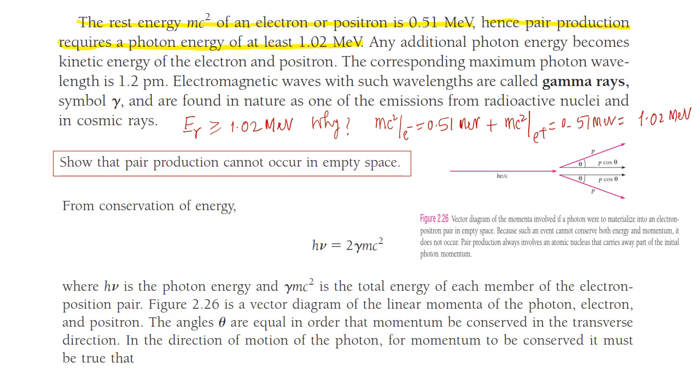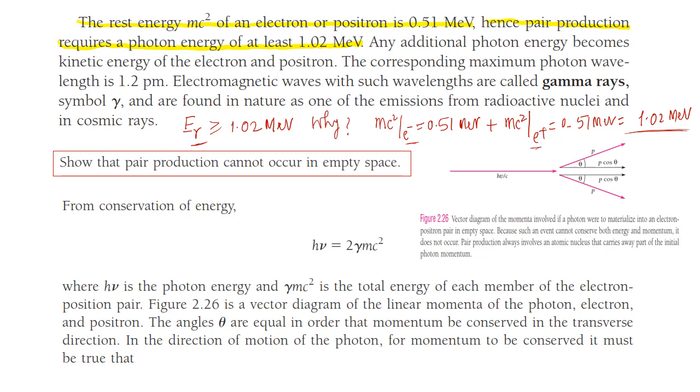So if in the final state we have an electron and a positron, and the sum of their energy is 1.02 MeV, then in the initial state the photon must have energy at least equal to or greater than 1.02 MeV. If it's less than 1.02 MeV, then this photon is not going to materialize into an electron and a positron. Okay.